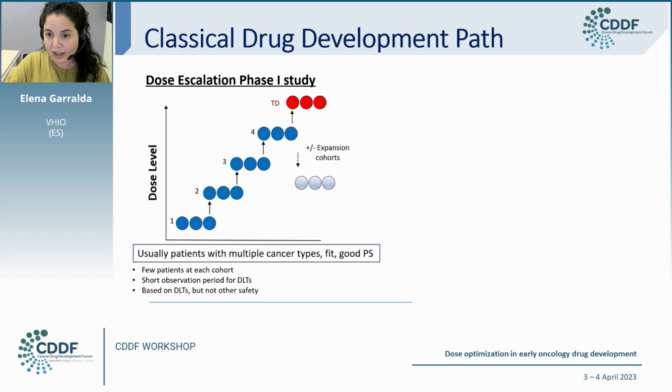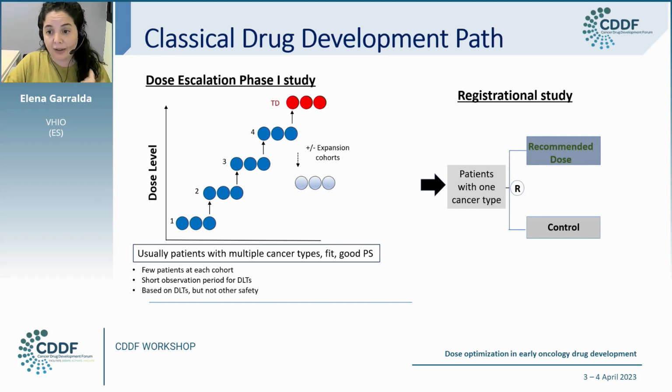We didn't consider other safety issues, long-term toxicities, or treatment reductions. It was a very short observation period. And finally, we would select the maximum recommended dose based exclusively on toxicity, based on these DLTs. This would be the recommended dose that we would move forward to a registrational study.